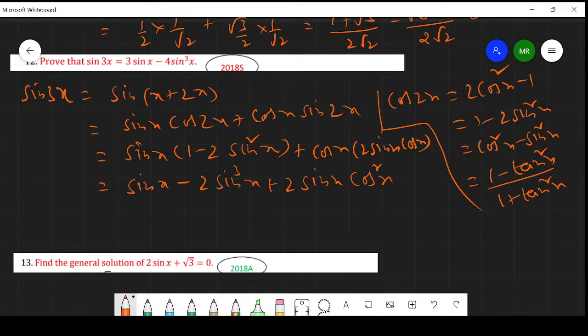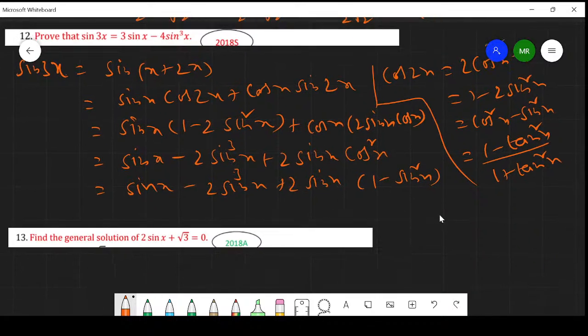Again, I want everything in terms of sine, so replace cos square x with 1 minus sin square x. Practice this, it is an important one. 2 sin x into (1 minus sin square x), because we know that cos square x plus sin square x is equal to 1.